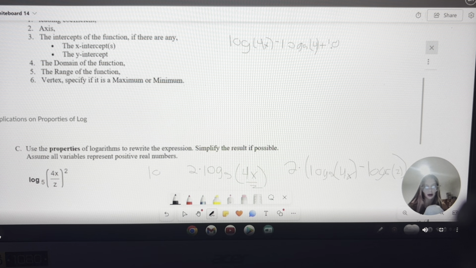Oh my gosh, my computer can't keep up. So that is just how we rewrite the expression.